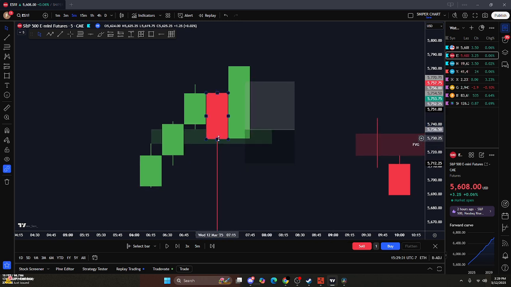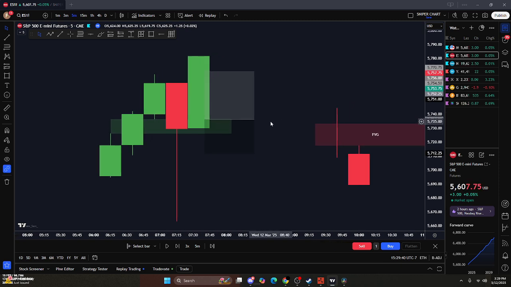So I like to see this close and then it open and not go any lower. And if it does, it's okay. You can still enter off of it, but you want more confirmation to have more confidence in the market when you actually buy in. But that's a normal fair value gap.